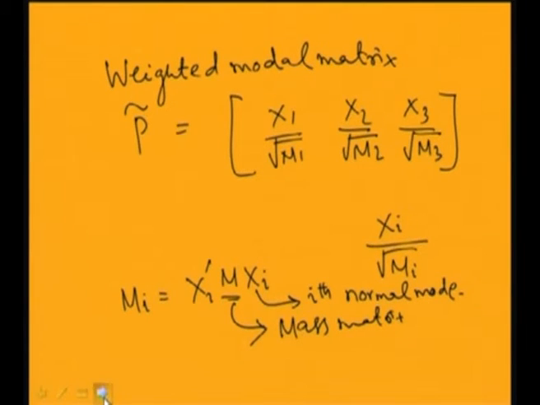After finding this weighted modal matrix, one can also use it to find the principal coordinates of a system. As in the case of a 2 degrees of freedom system, the principal coordinate is defined as that coordinate of the system which makes both the mass matrix and stiffness matrix uncoupled.